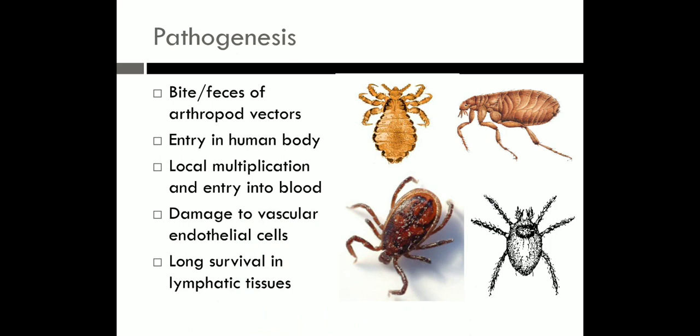Once it bites, it enters the host through the lymphatics, and it spreads from the portal of entry through the lymphatics, and it multiplies in the regional lymph nodes, and from there it enters the bloodstream. As I mentioned, they primarily affect the vascular endothelial cells, and usually these organisms are intracellular in nature.